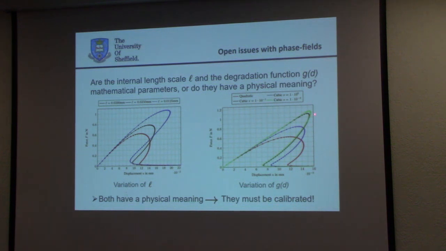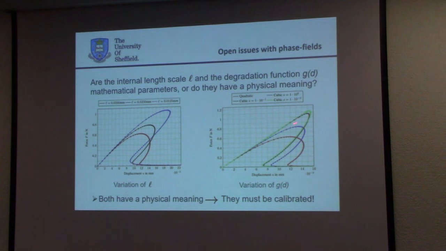Here you also see that the results are sensitive to this g function, this degradation function. The red one is the standard quadratic function.